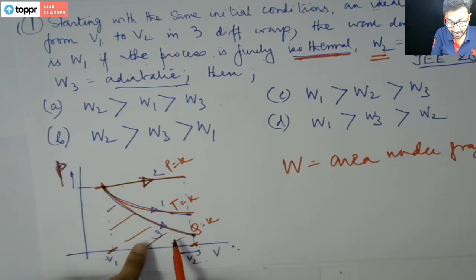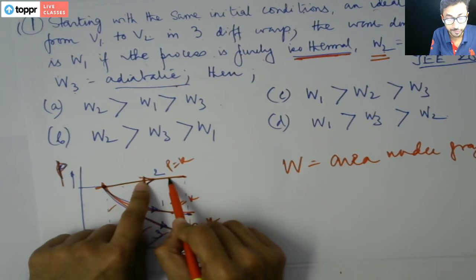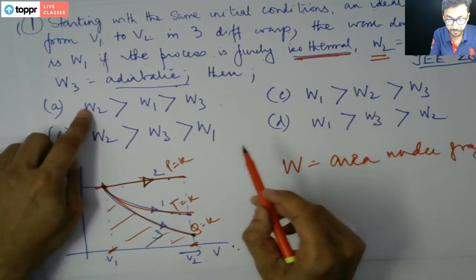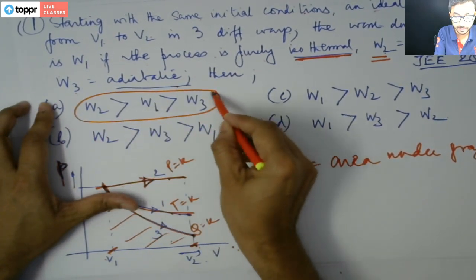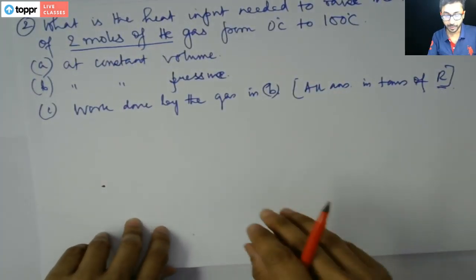Area of 3 is less than area of 1, which is less than area of 2. So area of 2 will be maximum, then area of 1, then area of 3. So this is the answer. Got it? One more question.